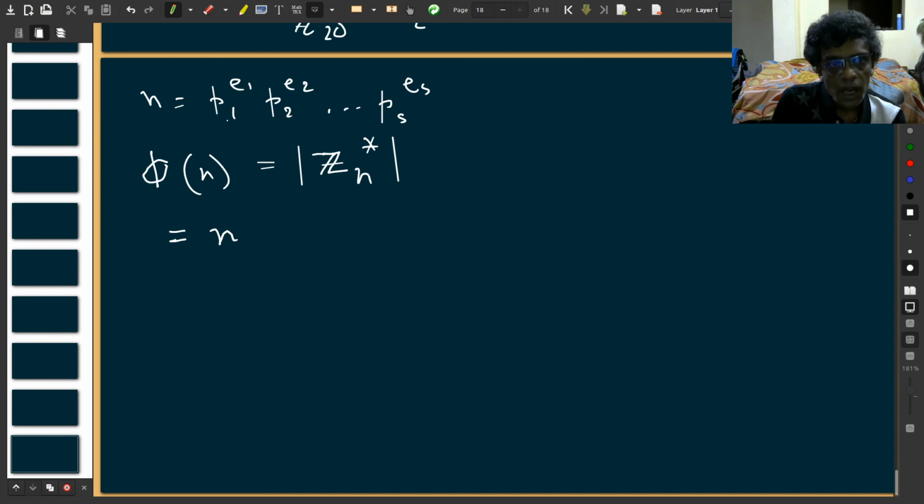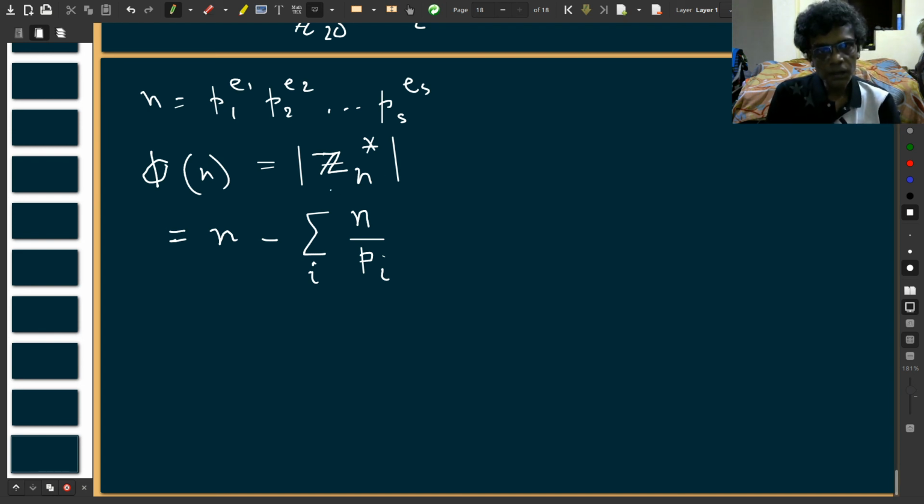So I will subtract all multiples of p1, all multiples of p2, and so on. How many multiples of p1 are there? It is precisely n over p1. So it is the summation of n over pi, over all i running between 1 and s.